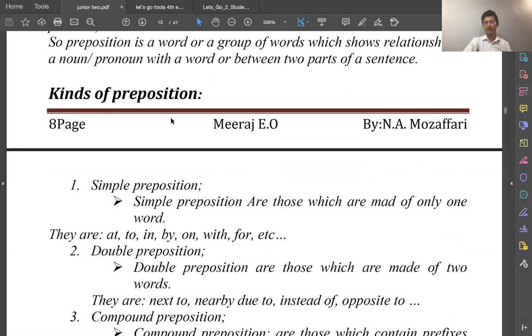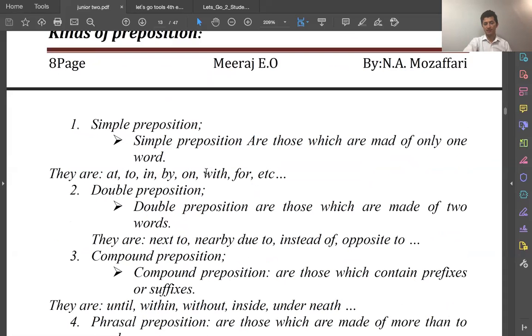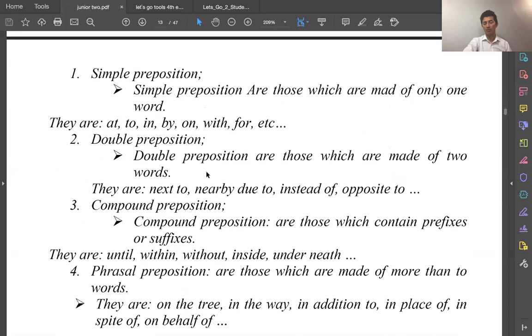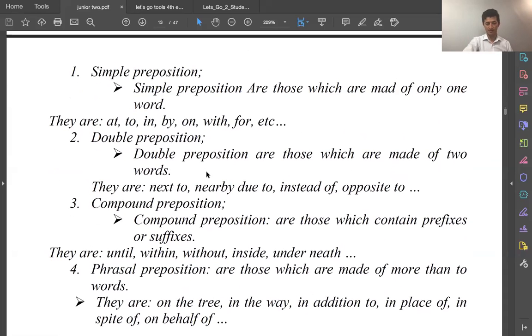Okay, it's time to understand the kinds of prepositions. So we have four types of prepositions: simple, double, compound, and phrasal. The first one is simple. Simple is very simple. Simple prepositions are those which are made of only one word.